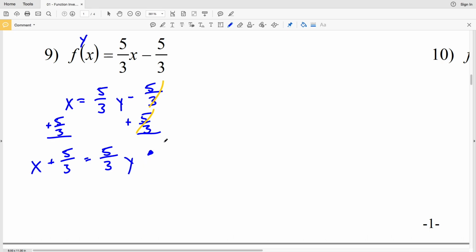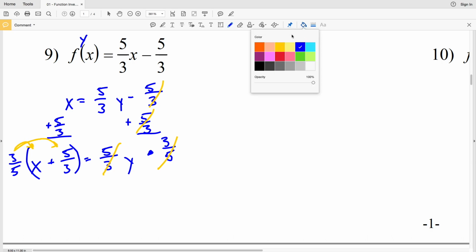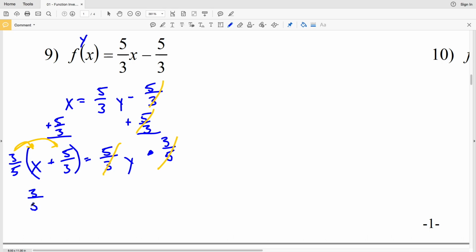Now I'll multiply both sides by 3/5 in order to cancel out my 5/3. And I'll need to distribute the 3/5 to the x and to the 5/3. So I'll get 3/5 x plus 3/5 times 5/3 is a positive 1. So 3/5 x plus 1 equals y.